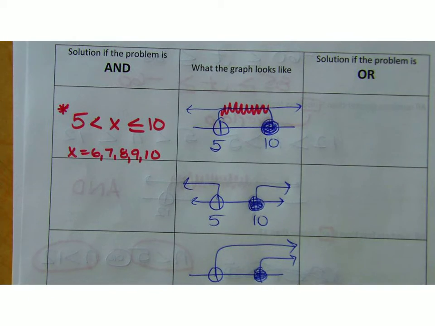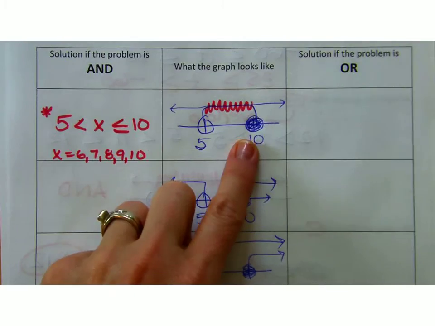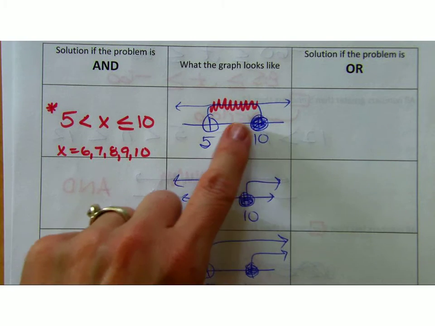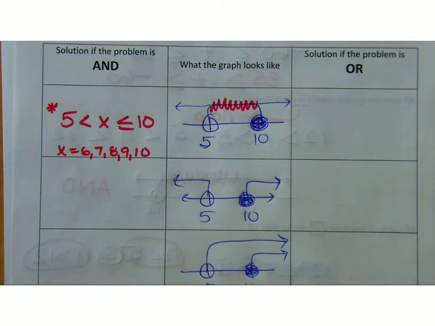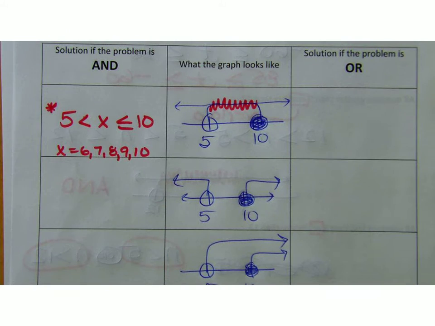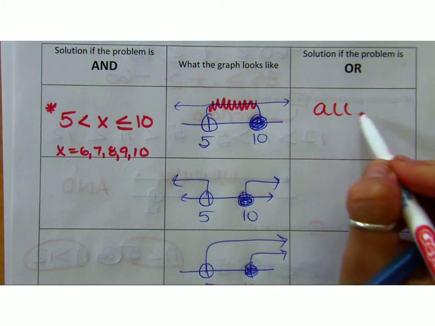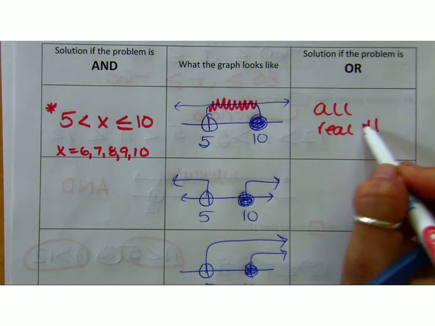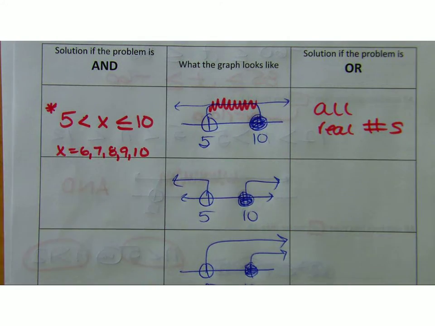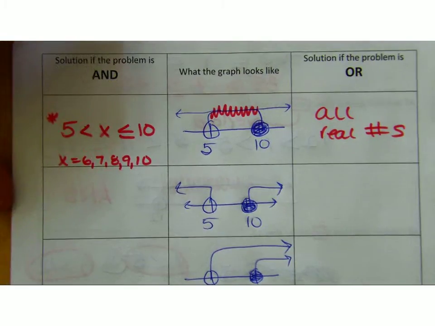Now give me a number less than or equal to 10. 9, 8, 7, or every number in this direction. Isn't every single number a choice? Every single number you say will fit one or the other. So how do we say every single number? All real numbers, okay? So when your graph looks like that and it's an or, because you don't need overlap, it's everything.